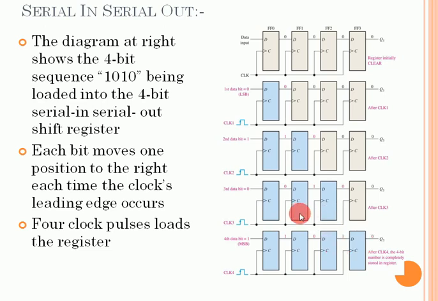The data in this flip-flop is shifted into the next one, and now you can see here is a 1. The data that was previously 0 is now shifted to the next flip-flop, in the second flip-flop, and the last bit 1 is now loaded into this flip-flop.